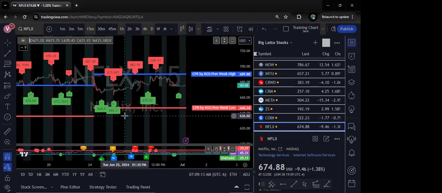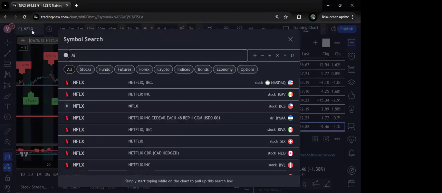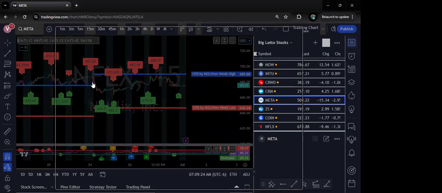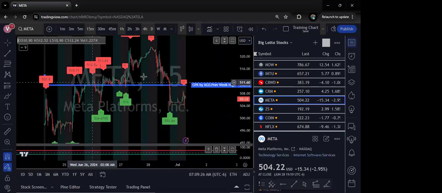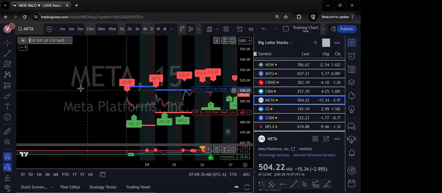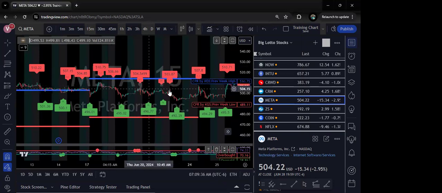All those stocks under buy the dip, sell the rip, you're going two weeks. Meta and Netflix are in this month, so it means you're expecting some good things this month. So Meta, two weeks, what did it do? Two weeks ago, on the 17th, it had hit 510.